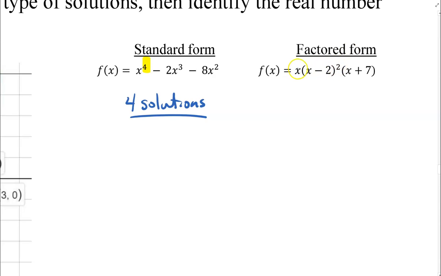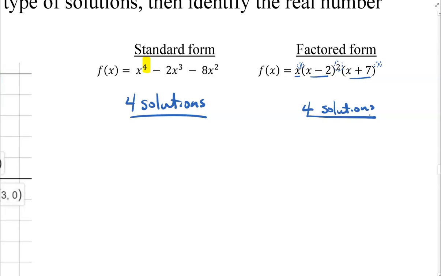Similarly, in factored form, if we took the exponent of each factor, so there's an implied exponent of 1 here, this factor has an exponent of 2, and so I'm looking at 1, 2, 3 factors, and this factor here has an exponent implied of 1. Well, 1 plus 2 plus 1 is also 4, so that tells me in factored form this has 4 solutions.